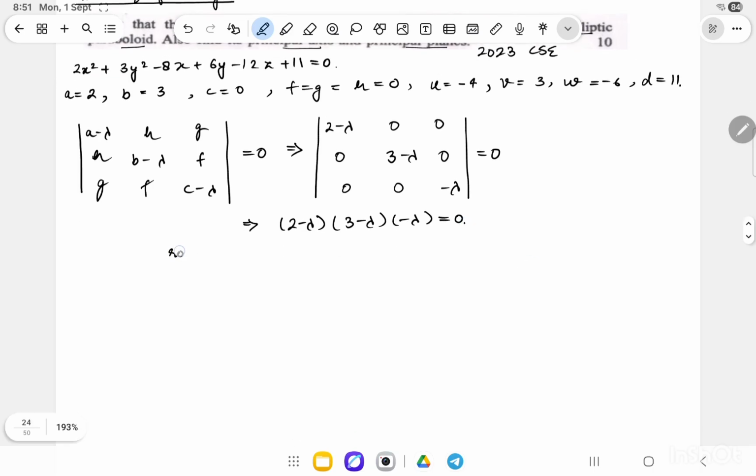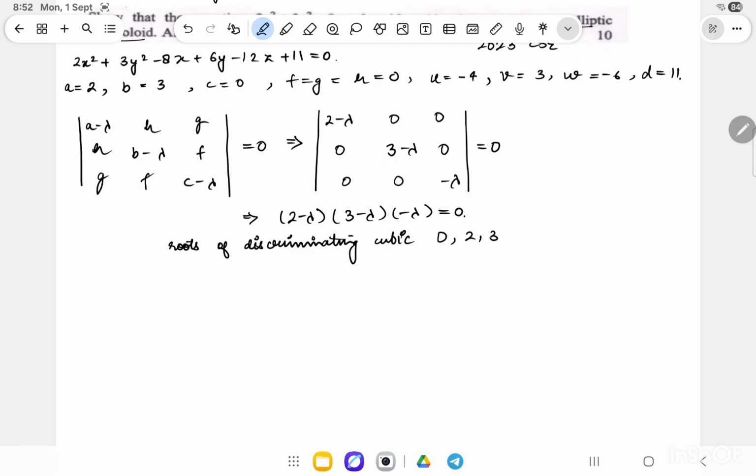That would be (2 minus lambda)(3 minus lambda)(minus lambda) equals 0. So the roots of the discriminating cubic are 0, 2 and 3. Also, if you put lambda equals 0 here, you will get the determinant equal to 0.